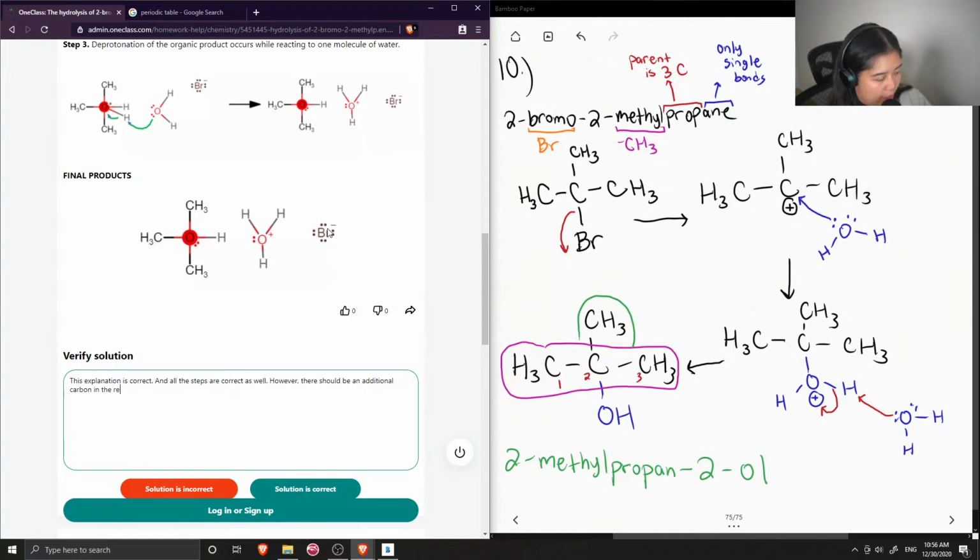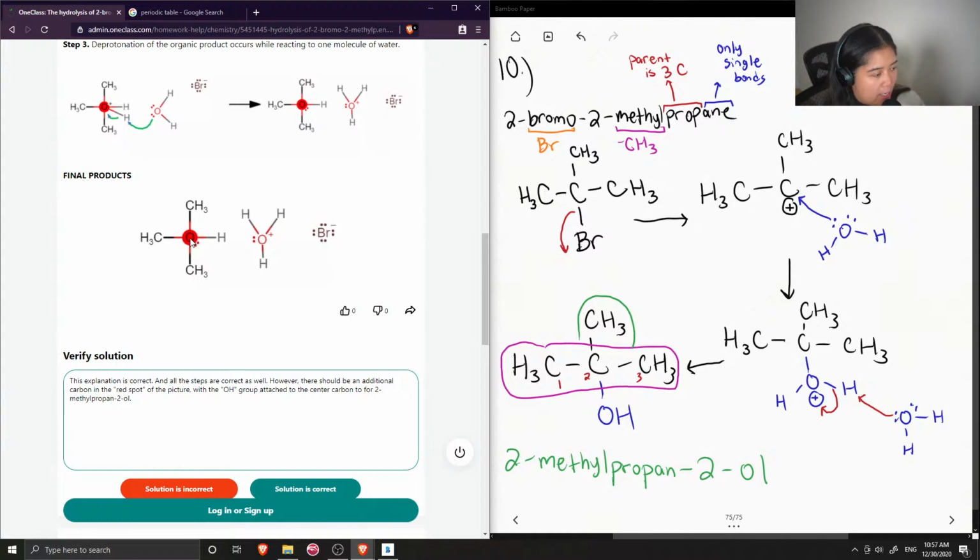in the red spot. I'm not sure if it was like a typo, but just so that future students reading the mechanism take note that this oxygen shouldn't be in the middle.